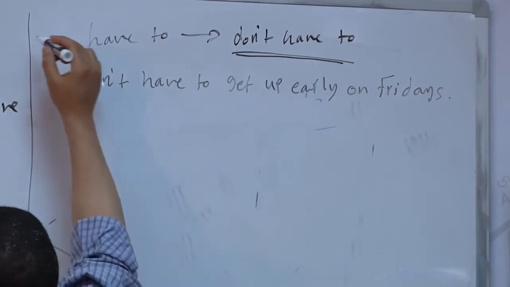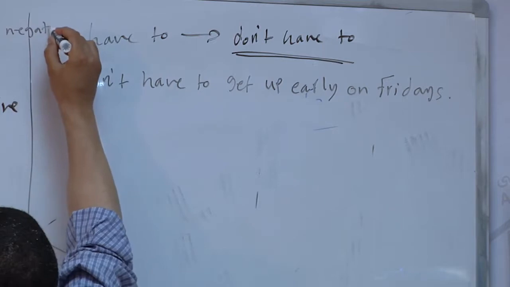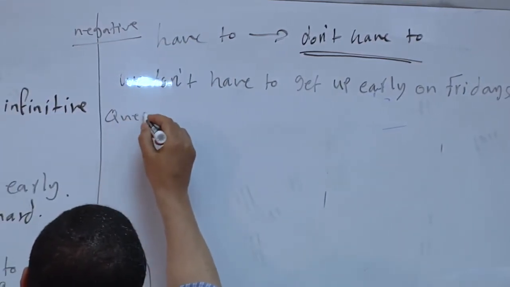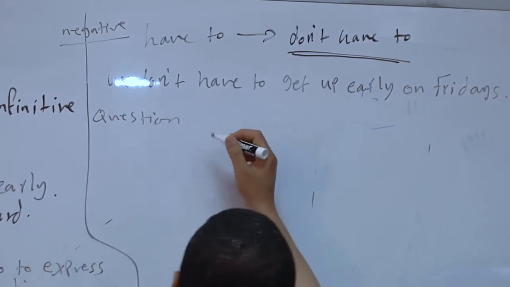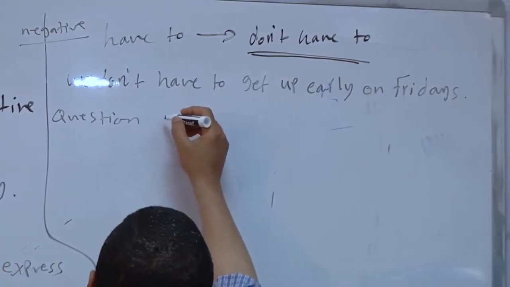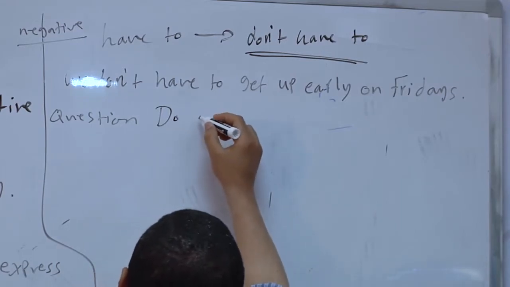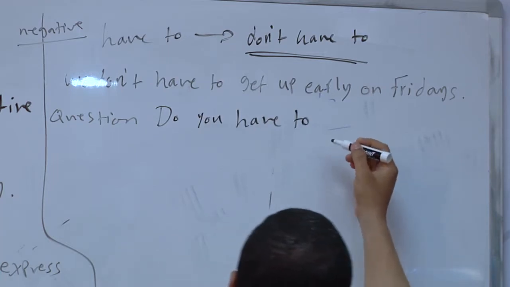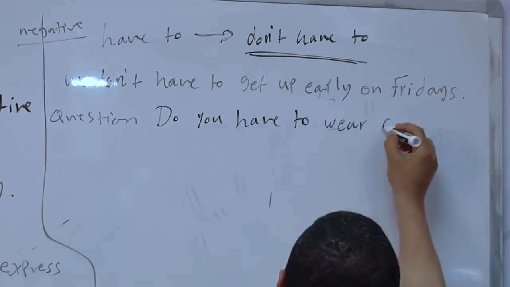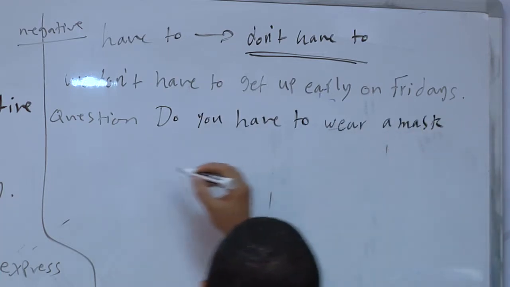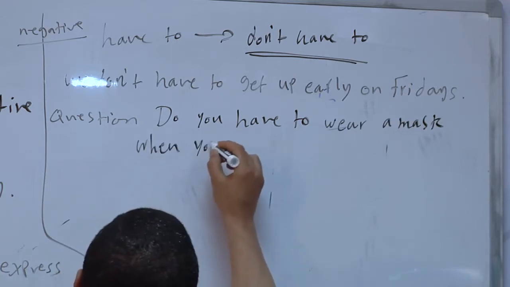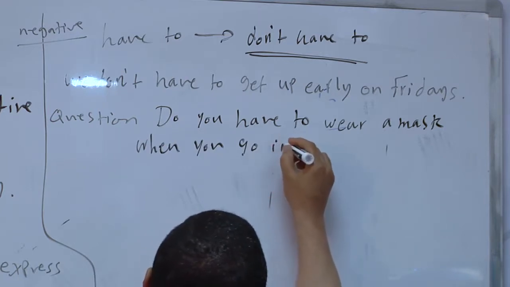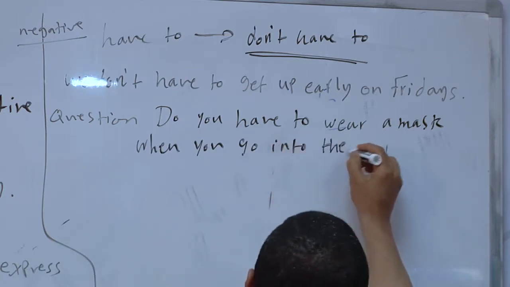So have to, don't have to. This is the negative form. For the question, it is do. Do you have to go? Do you have to, for example, wear a mask when you go into the factory?